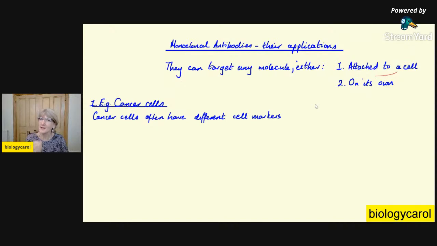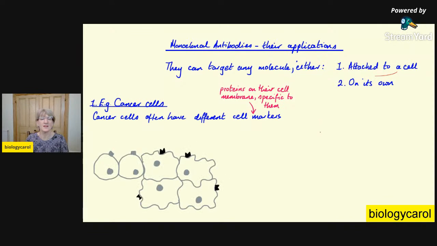And yet it's the cancer cells that we want to be able to either detect or treat, and we want to do it specifically. Monoclonal antibodies are incredibly useful here, because cancer cells have different cell markers. They have different shaped proteins on the outside of their cells, which are specific to them.